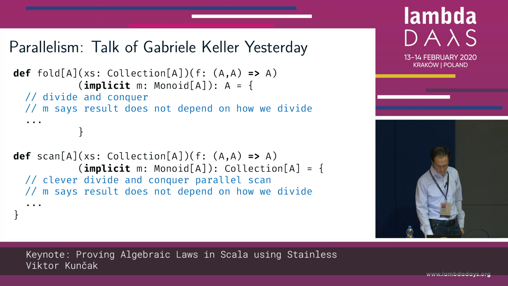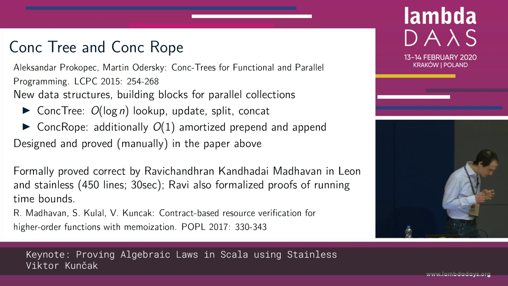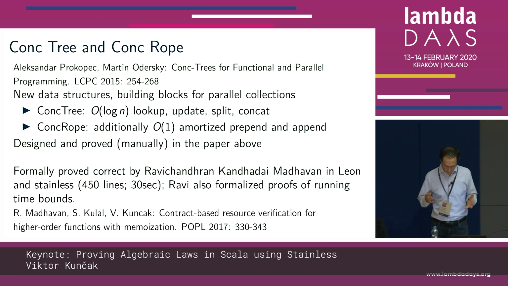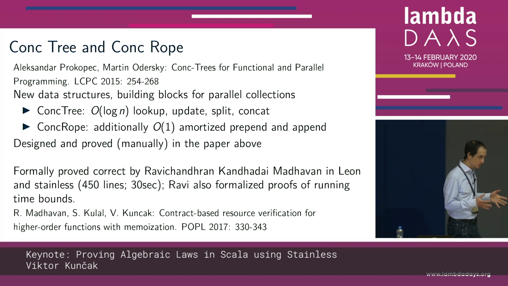And this can be encapsulated in this higher order function. We can do this already, but now we can also do the checks that the function that we are passing is associative. And so when you do that, then it's also appropriate to verify such collections that allow divide and conquer algorithms.